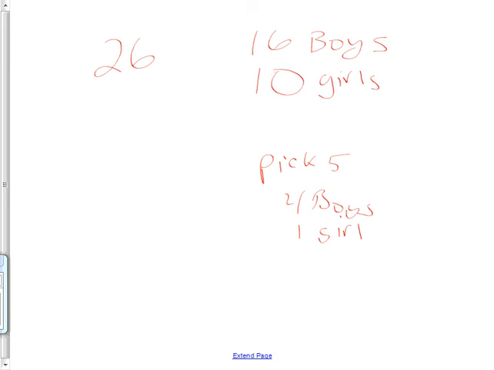What's the probability? Now, this is a CC over C, and I told you that, but how are you going to know that? You're going to know because it's a big group that's subdivided into subsets.